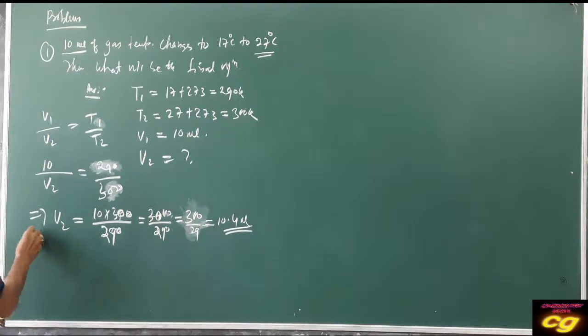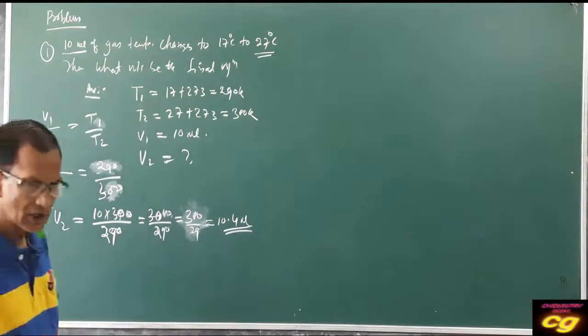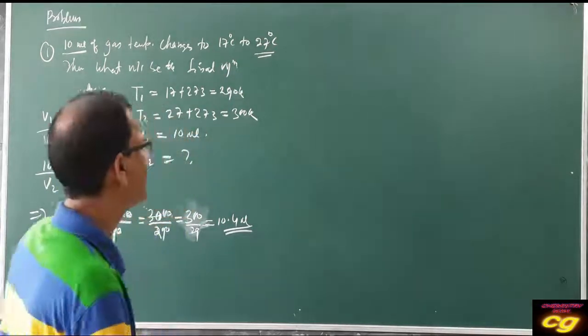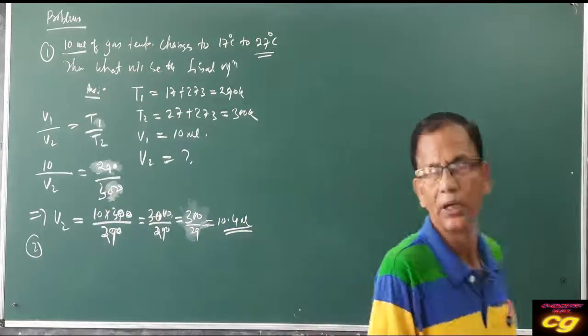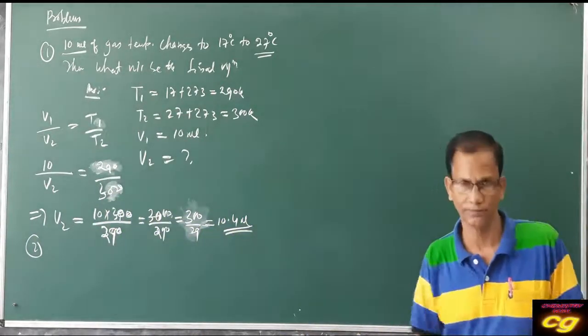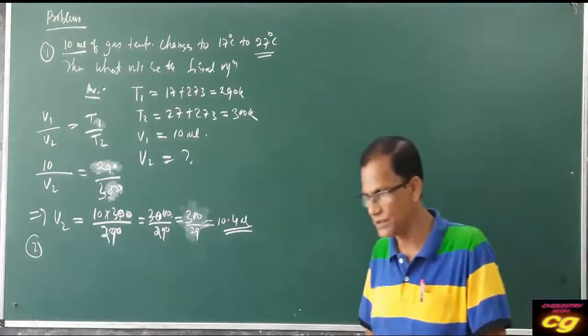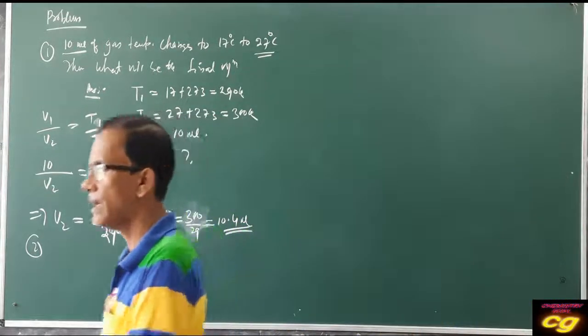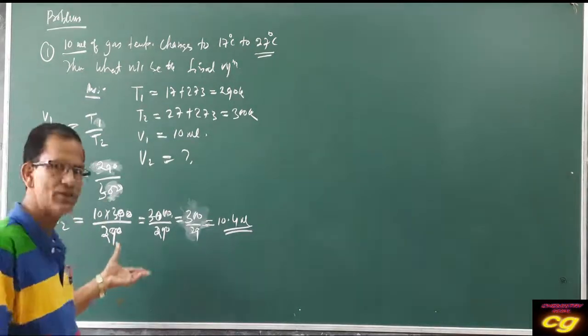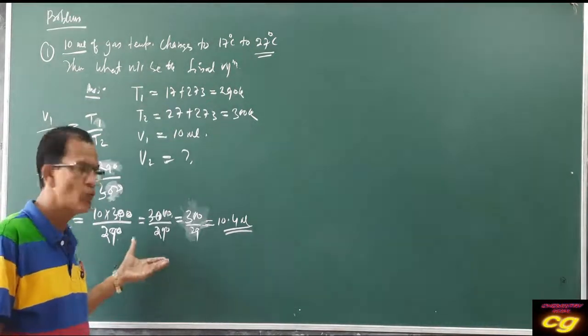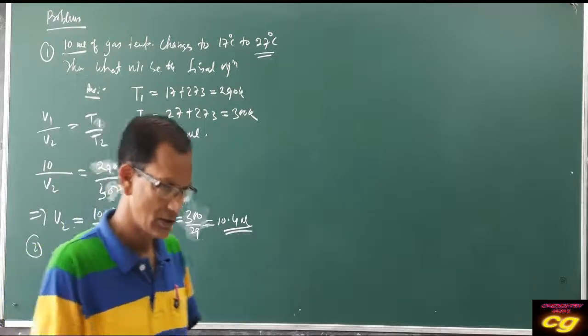Then another important application of Charles's law is why the tire of a vehicle bursts during the summer. Sometimes it is observed that the tire gets burst mainly when the temperature is high, due to friction of the tire.